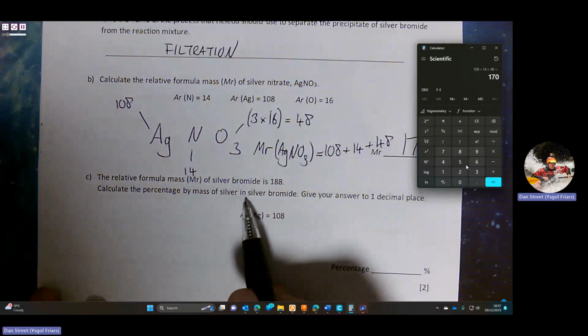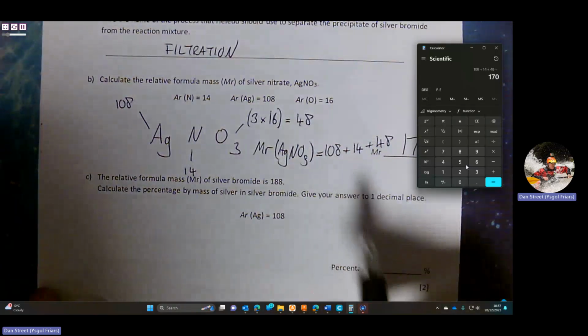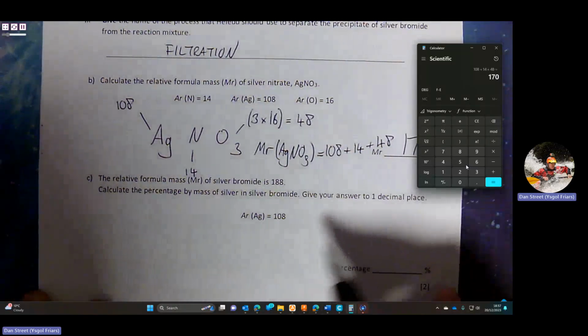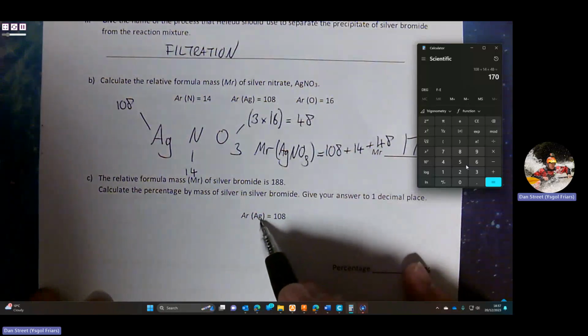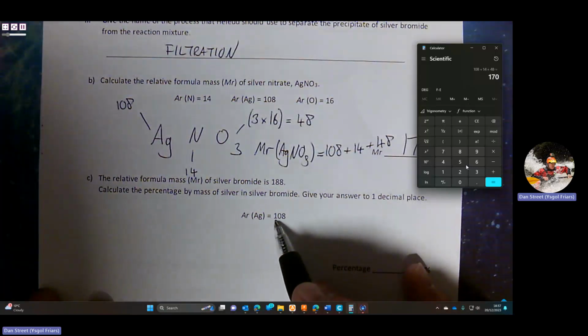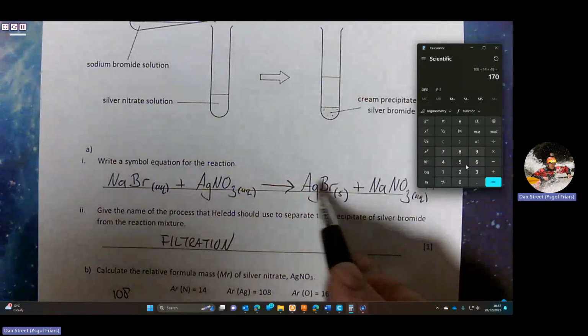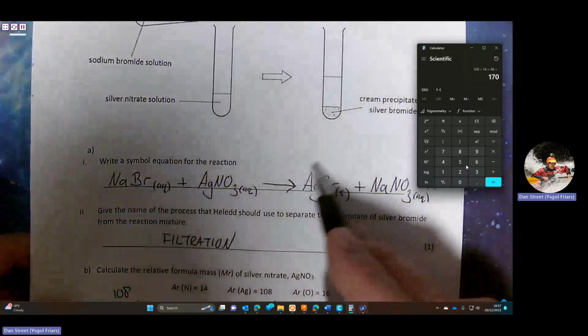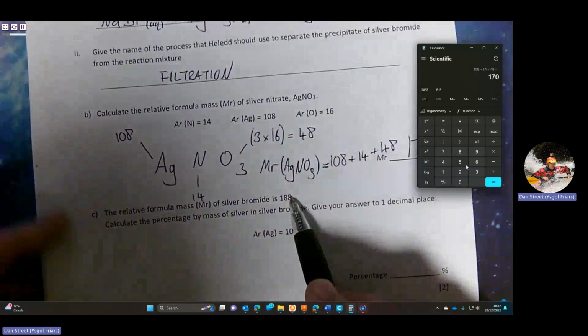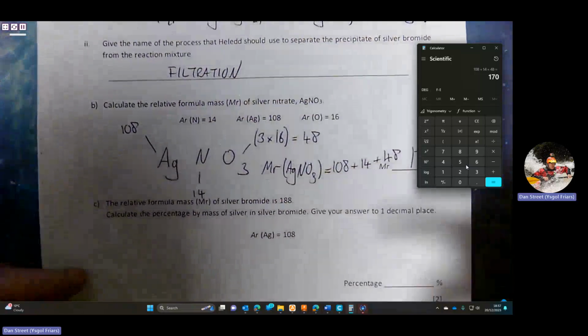Calculate the percentage by mass of silver in silver bromide. Give your answer to 1 decimal place. So a silver atom weighs 108. There is 1 silver atom in silver bromide. We can just double check that up here. So AgBr. So the total mass of this stuff is 188, as given in the question. We want to know what percentage of that is silver.